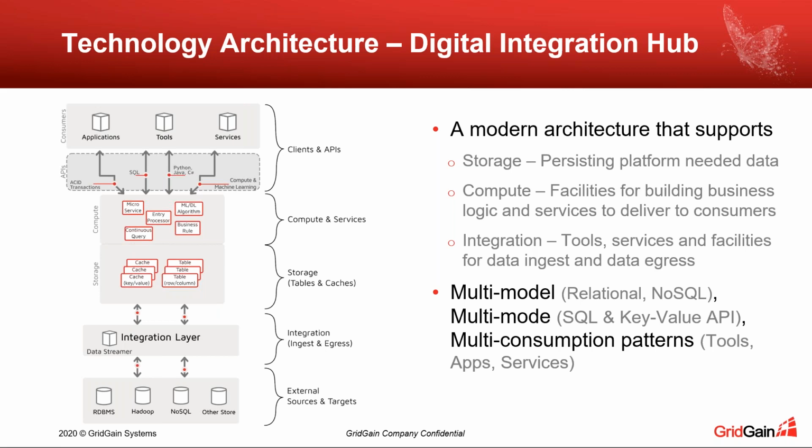Now, when depicting the DIH, you can draw it vertically like I've shown here, and that fits with Gartner's view of what an API and a digital integration hub looks like.